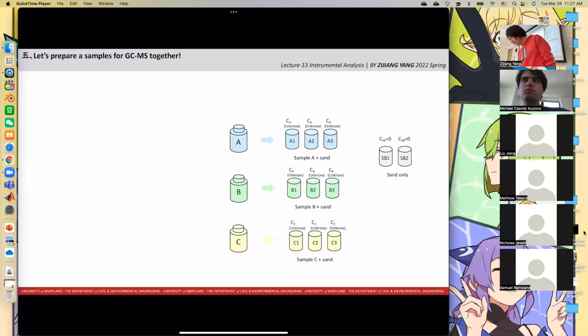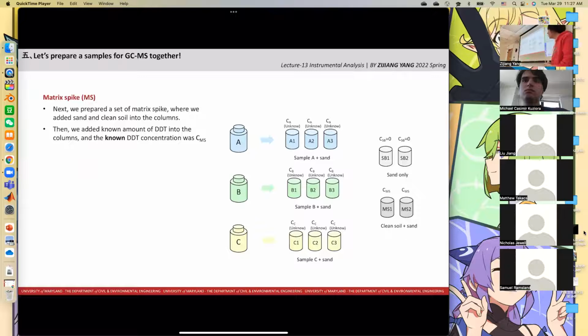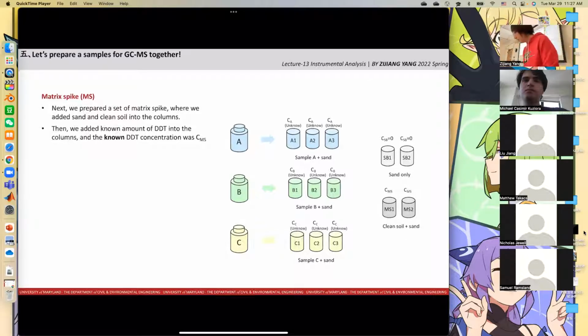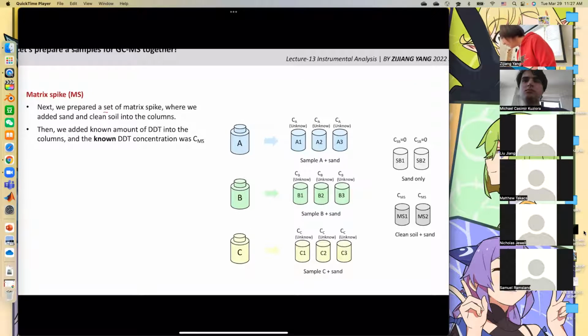Yes. And then we can prepare the matrix spike. So next, we prepare a set of matrix spike where we add sand and clean soil into the column.